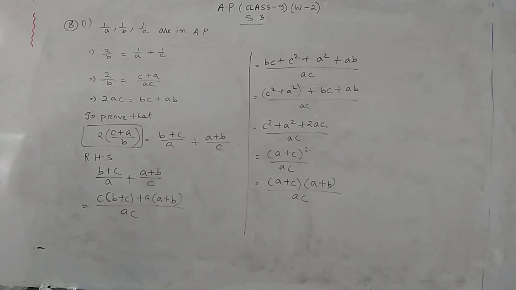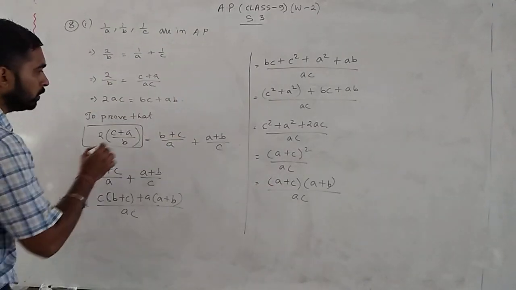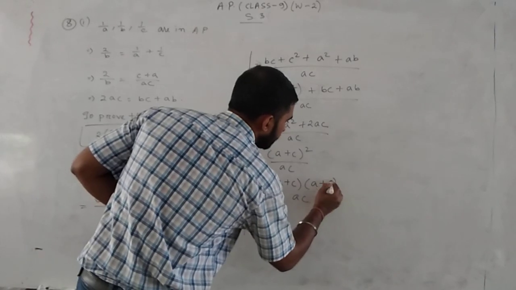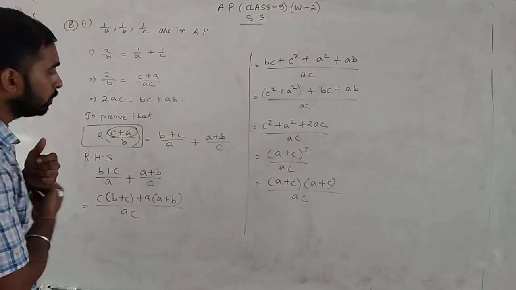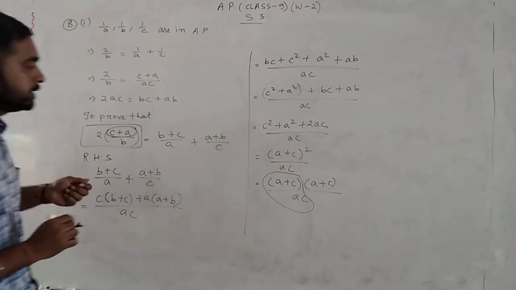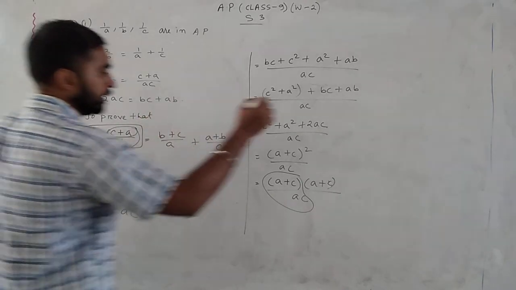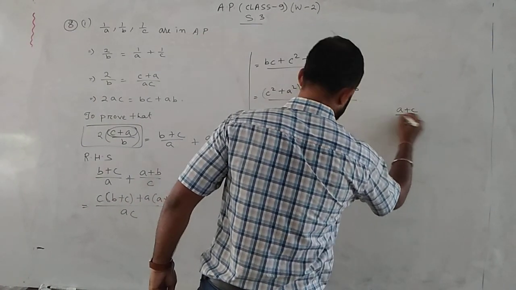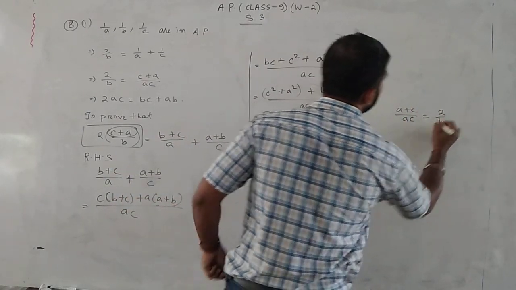After that, we have to find out the value of A plus C by AC. We already got this term, C plus A. Anyhow, we have to show that A plus C by AC equal to 2 by B. Our target is to prove that A plus C by AC equal to 2 by B.